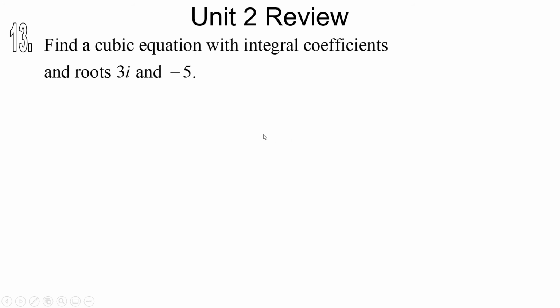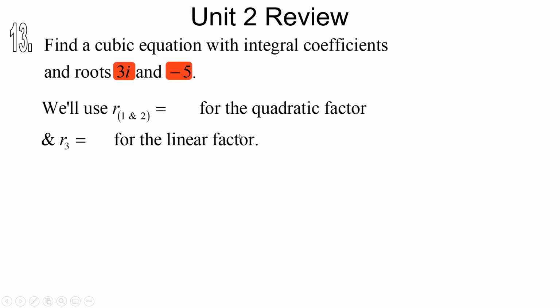Find number 13. Find a cubic equation with integral coefficients and roots 3i and negative 5. Well, this is a cubic equation, and they have given me 2 roots, but I hope you see 3 roots. One of the given roots is 3i, which is a complex number, and if I have a complex root, I know its conjugate must also be a root.